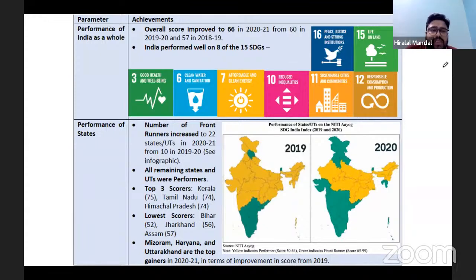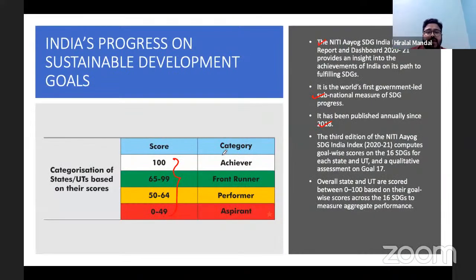When it looks at the overall performance of India, India has scored 66, and at 66, India is in the front runner category. So when we talk about the entire India's sustainable development goals performance, India stands at front runner according to the Niti Aayog's Sustainable Development Goal India Index.